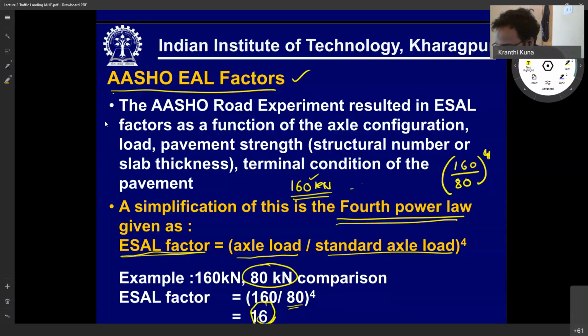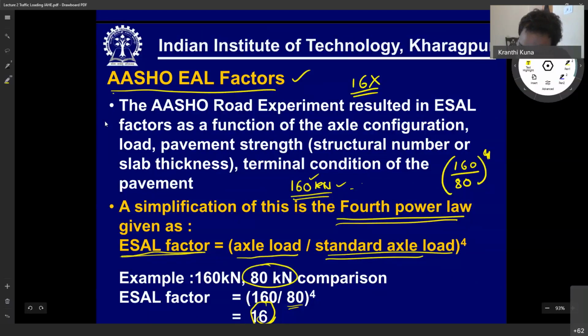Just as an example, for a certain time period, if the damage caused by the 80 kilonewton standard axle is X, the damage caused by 160 kilonewton, which is double that, is 16X.